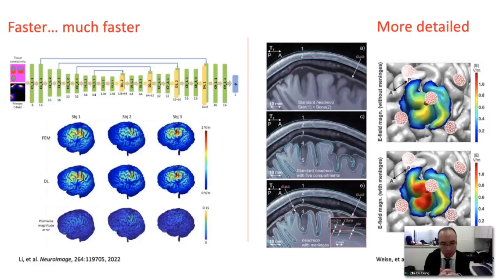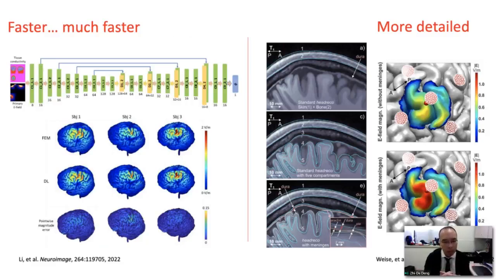On the right, we consider the effect of better segmentation on the resultant electric field. For example, the tools that we use today, built into SimNIBS or ROAST, do not consider very fine geometry in the brain, such as the meninges.